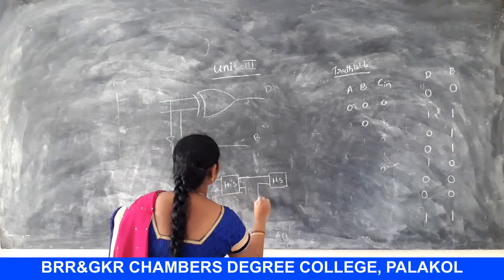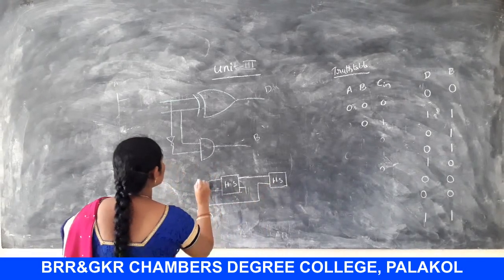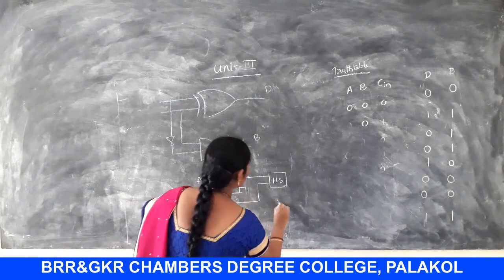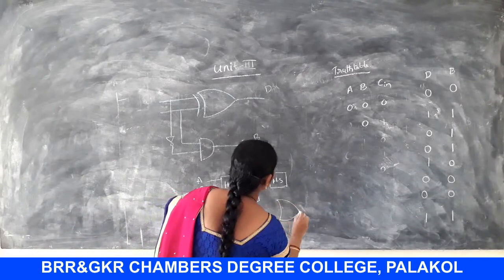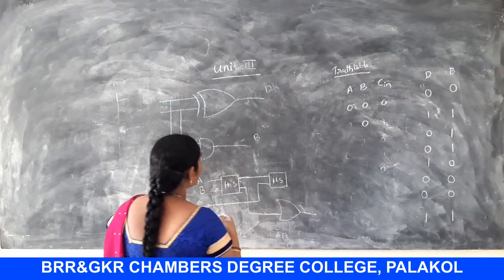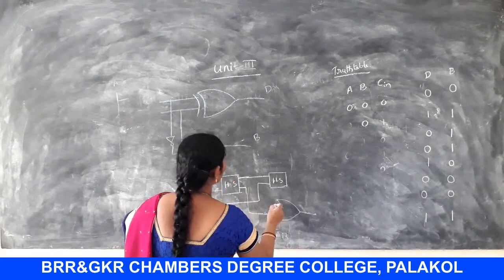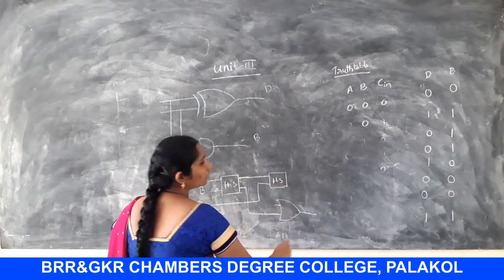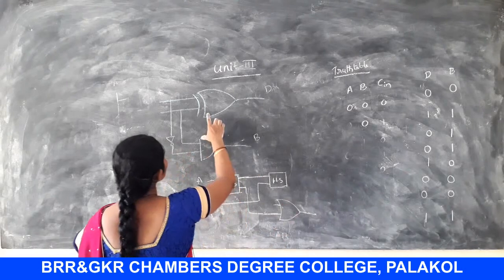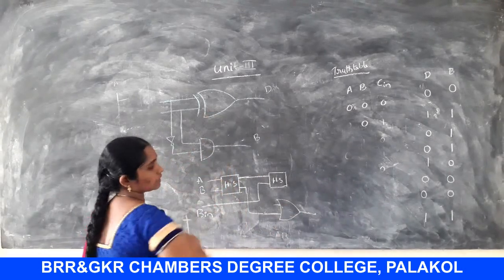Okay, so this is B in, this is A B. So in this way also we have to draw the one full subtractor diagram, by using the two half subtractors. Okay.